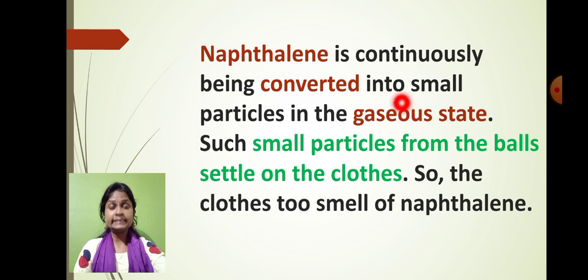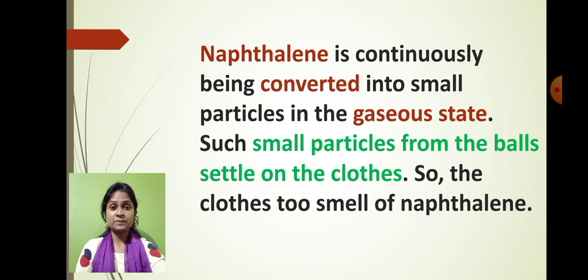Basically the naphthalene ball is present in the solid form. It is converted into gaseous small particles, and when they evaporate they settle down on the cloth, and that's why the cloth too smells of naphthalene.